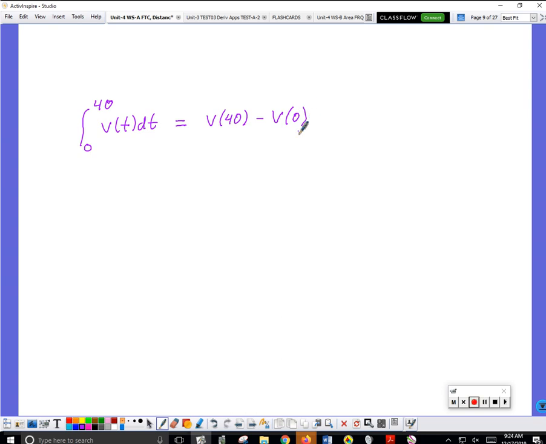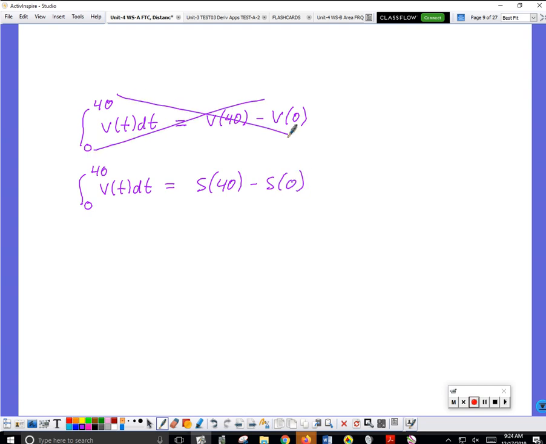That's completely wrong. When we integrate velocity, we don't find how much the velocity changes. We find out how much the position changes. So we get s of 40 subtract s of 0. So don't ever do that.